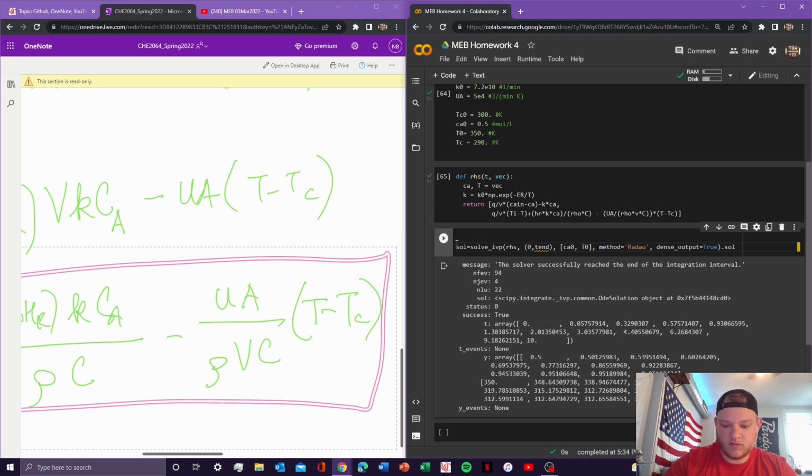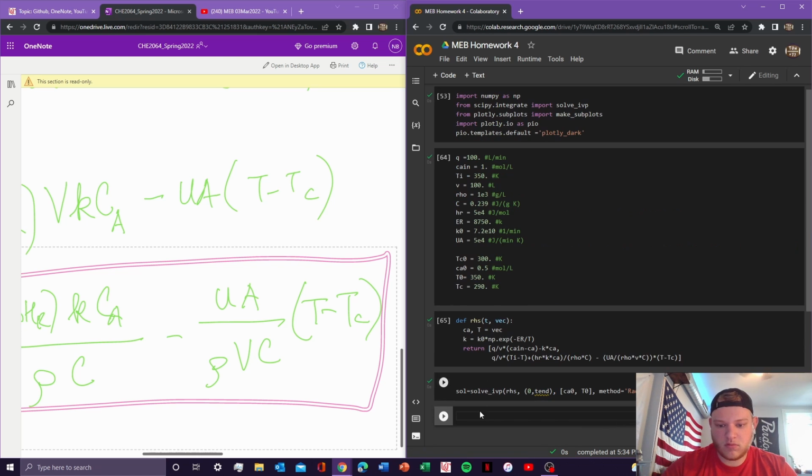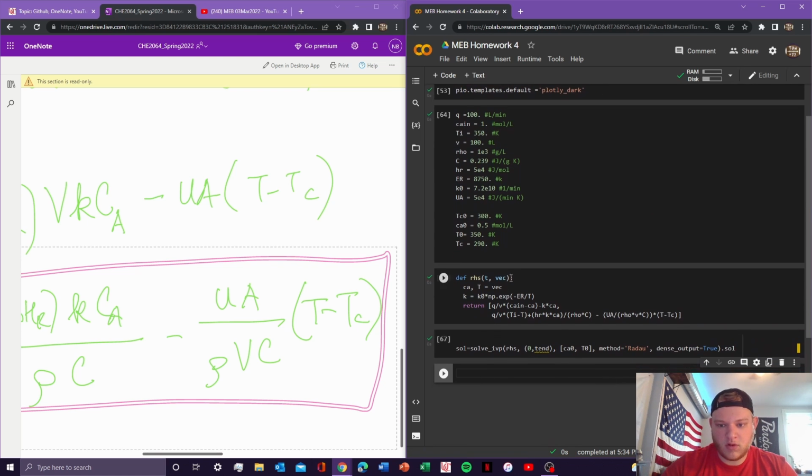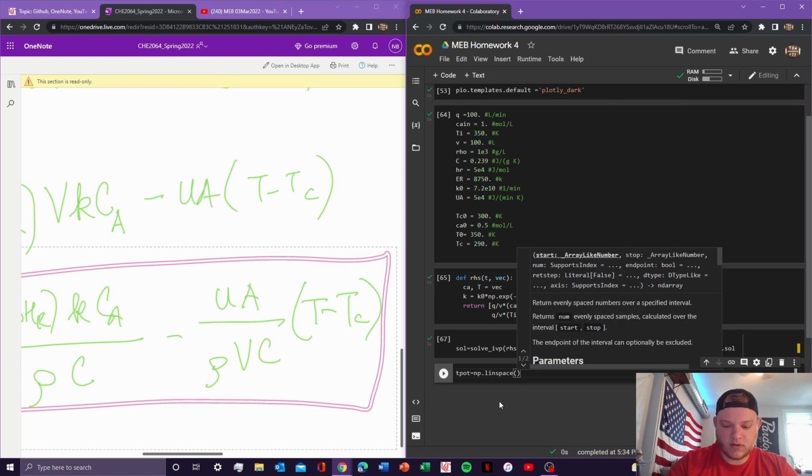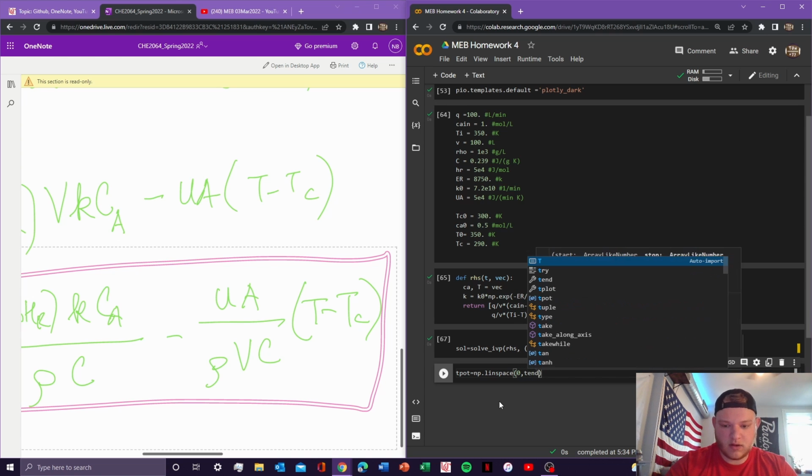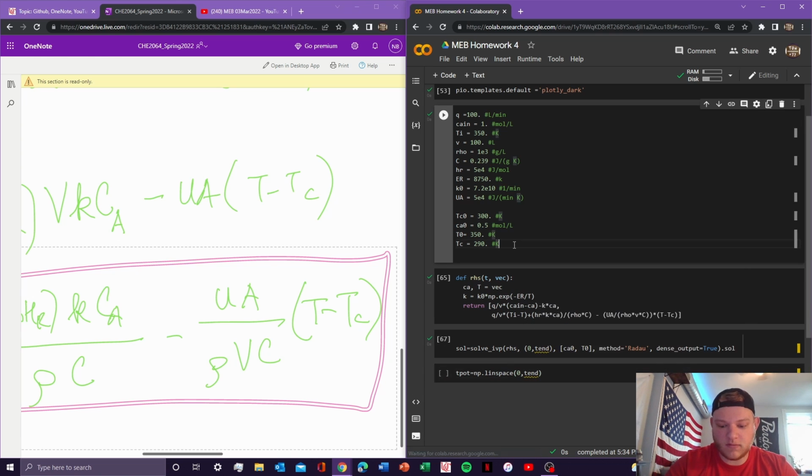Anyway, we can pull out our solution. Set that equal to a variable. We can then start making our plots. So that we need to specify the x-axis. We'll call it t-plot. And then we can make points for that. np dot linspace, going from 0 to t end. We did not specify t end yet, so let's do that.